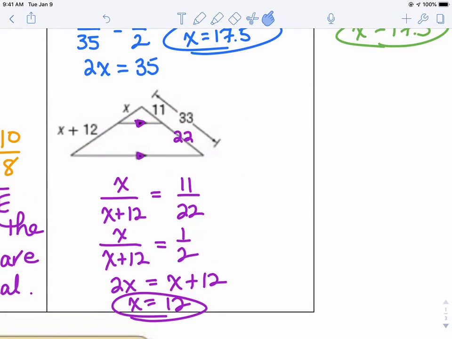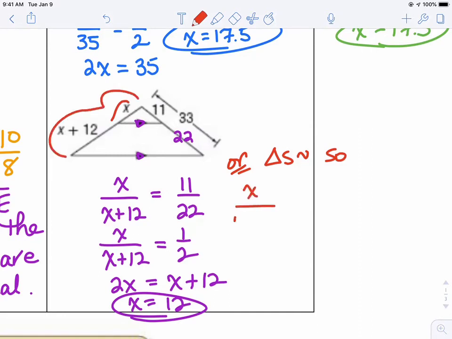Now again, you could use similar triangles. You could say x is to the whole side here, x plus 12, as 11 is to the whole side here, which is 33.